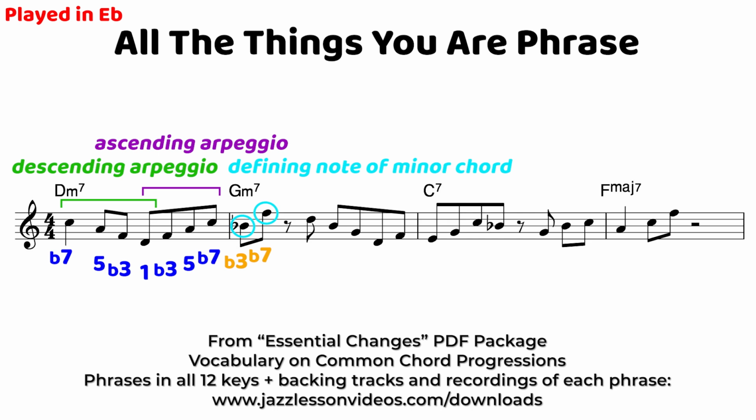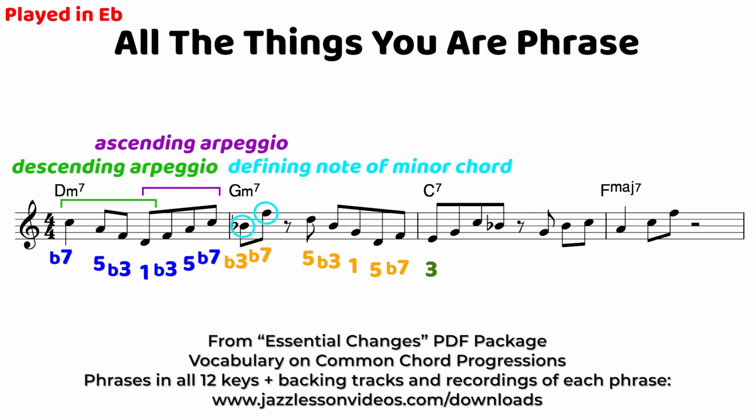So we're defining minor just within those first 2 notes, going down then to the D, which is the 5th, back down to the flat 3rd, B flat, root, G, down to D again, coming up to this flat 7, the F, and then resolving right down a half step into the E, which is the 3rd of the C7.